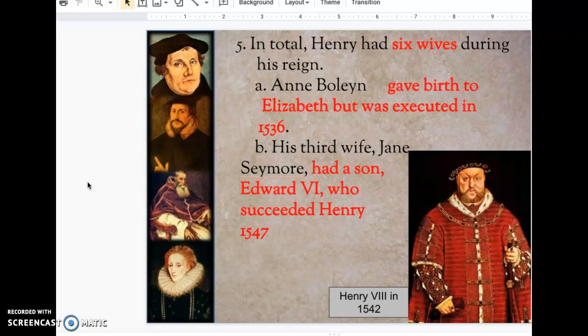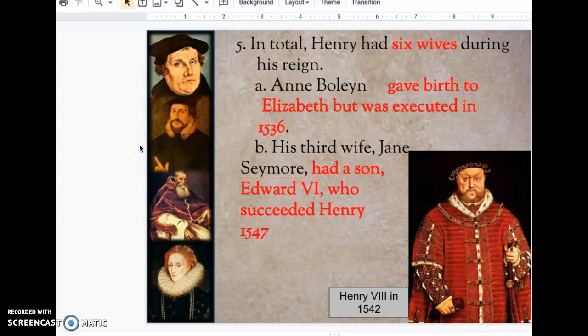Because what happens is this son, who they name Edward, who will one day be Edward VI, King of England, is very sickly and he may not live long. So Henry realizes he does need to find another wife very quickly and have another son just in case something happens to Edward.